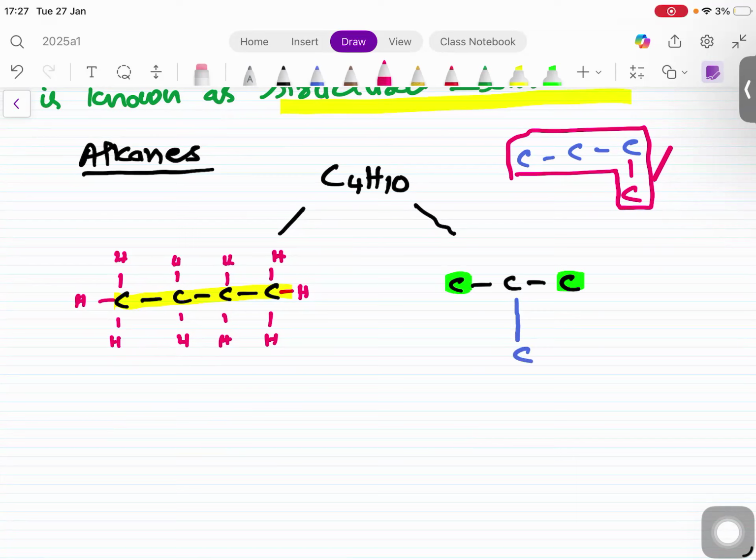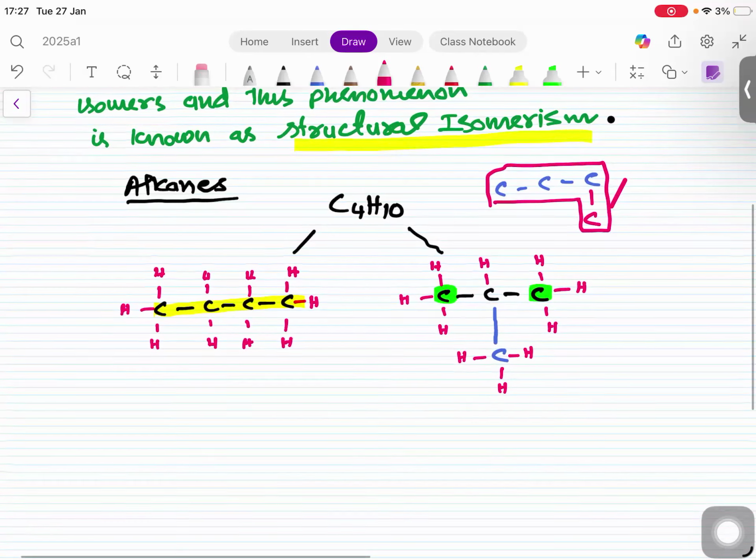And now fill up the hydrogens. 1, 2, 3. Now this is again C4H10.